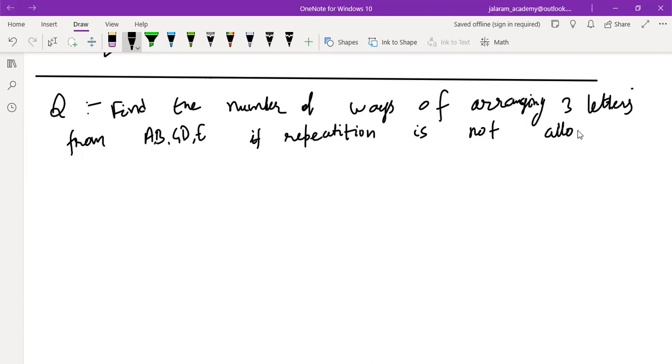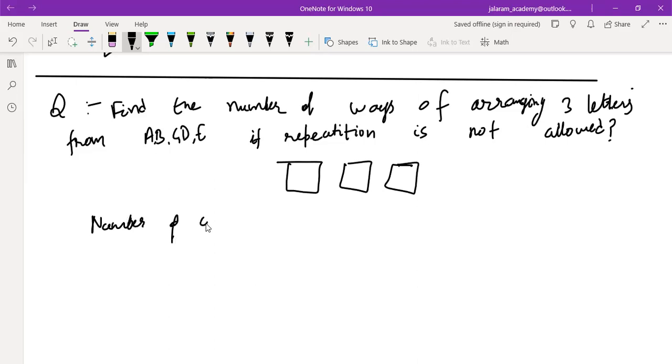Means one digit is written only once. Okay. So the method is the same, which we discussed before.